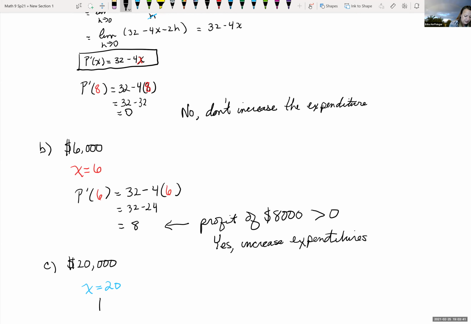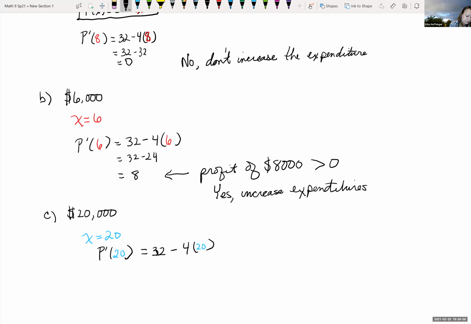Plug it into our derivative, P prime of 20. I can already tell this is going to be a negative number. We have 32 minus 4 times 20. So we have 32 minus 80. So that is negative 48.